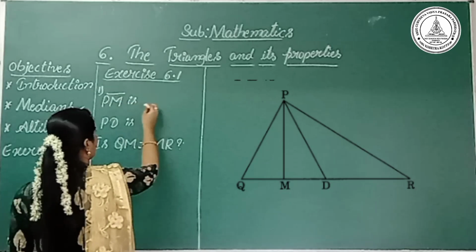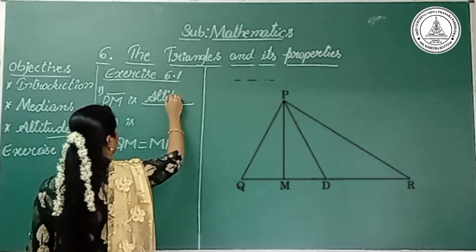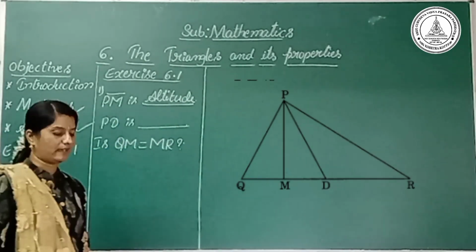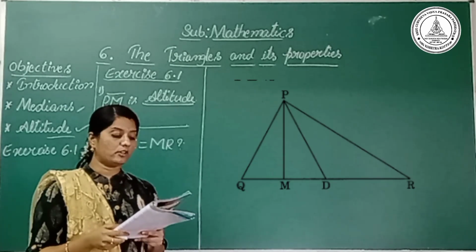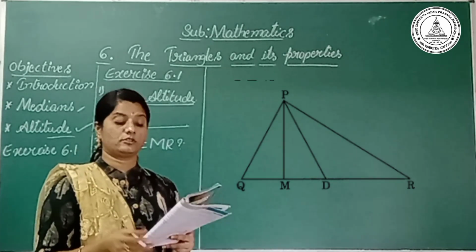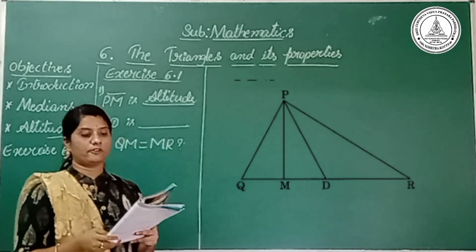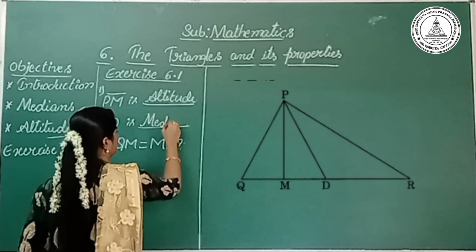Write PM is the altitude of the triangle. And PD: D is the midpoint of the line segment QR, so PD is the median of the triangle.